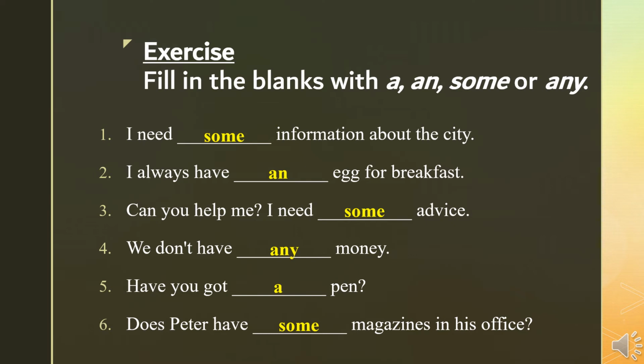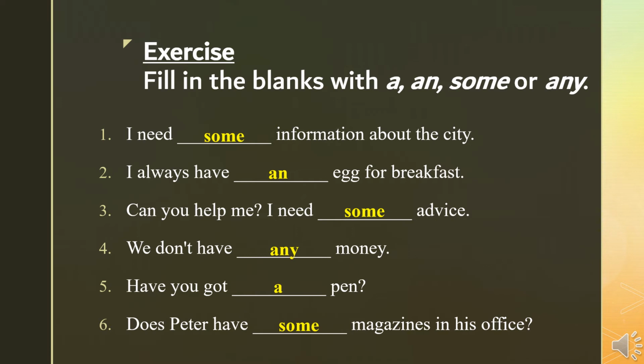For question 2, I always have an egg for breakfast. For your information, when the word starts with A, E, I, O, or U, we use an. This question is egg, so we use an egg. I always have an egg for breakfast.